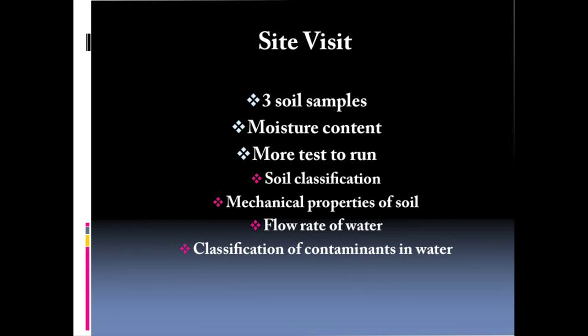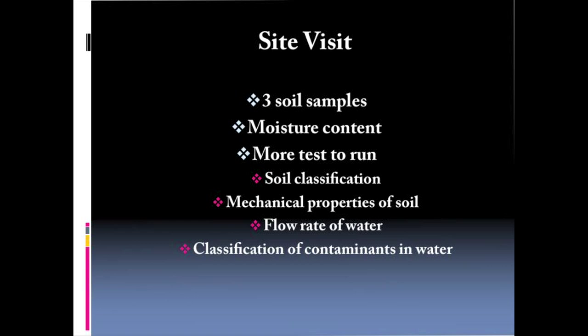Site visits. We have 3 samples that are in testing, and we want to get the moisture content, as well as run more tests to classify what type of soil we have.